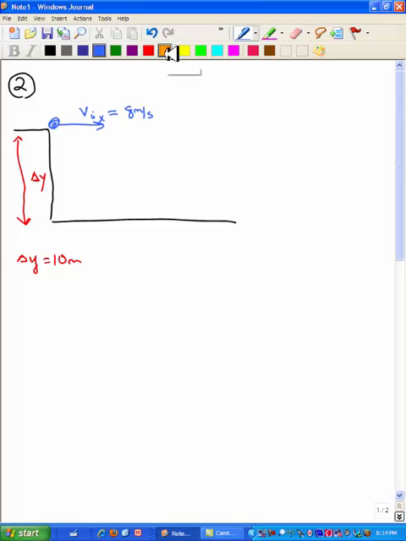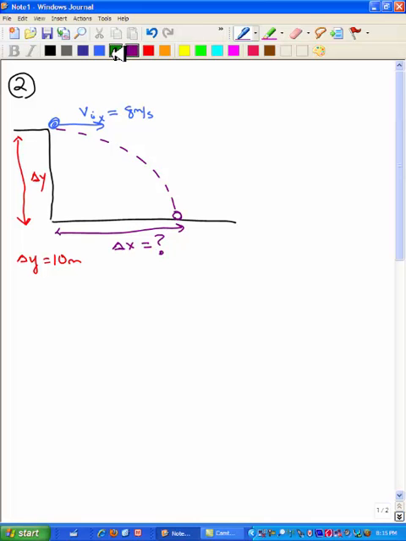It is a one-dimensional problem because what we need to do is look at the y piece first to determine time, and then plug that into our x piece to determine our distance, because what we are looking for is this distance here, delta x only.